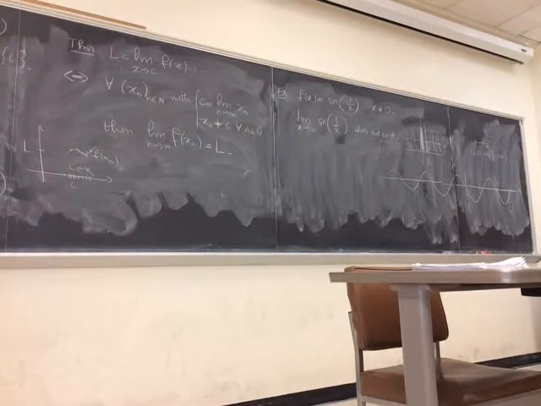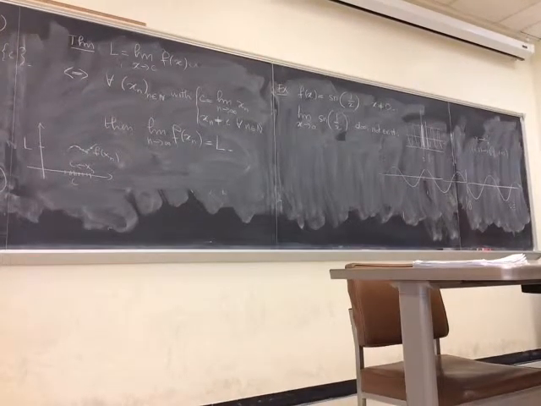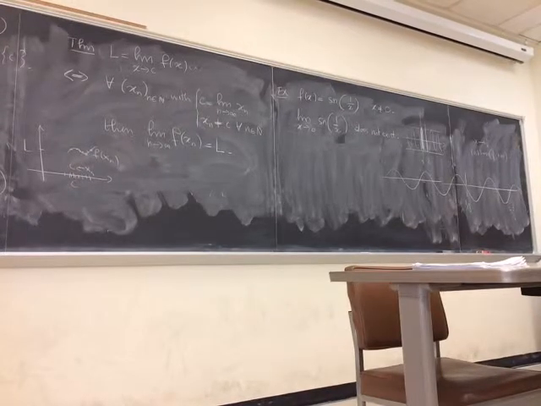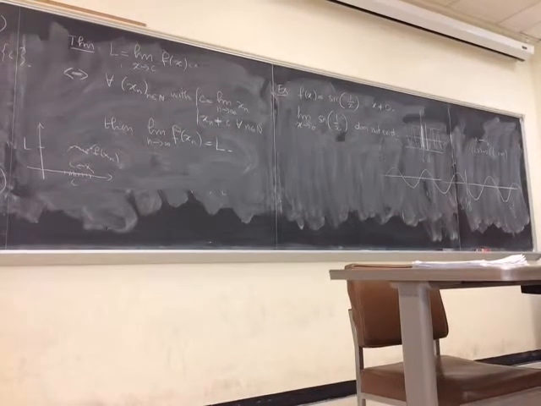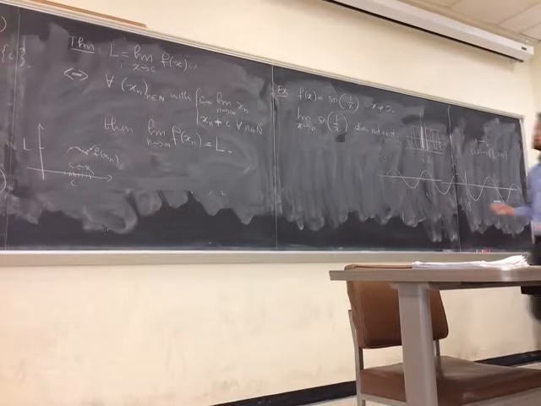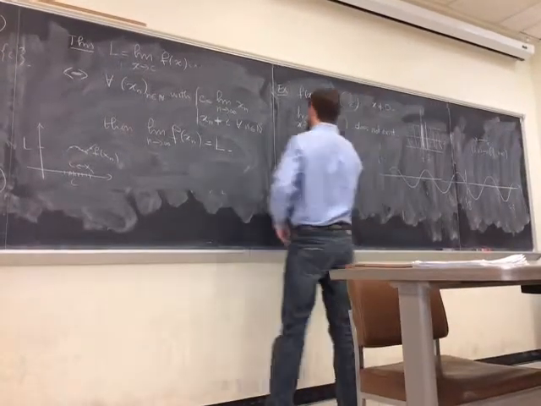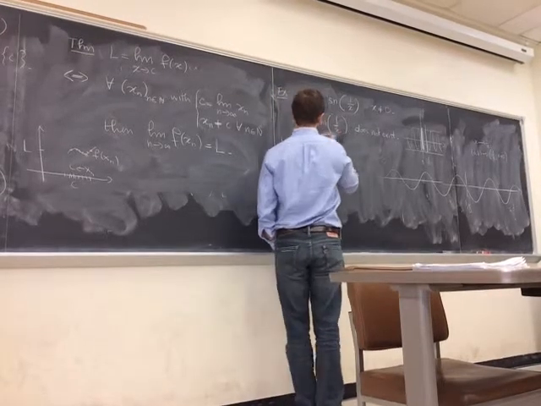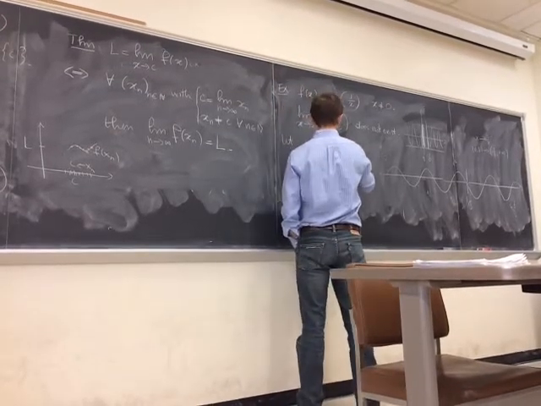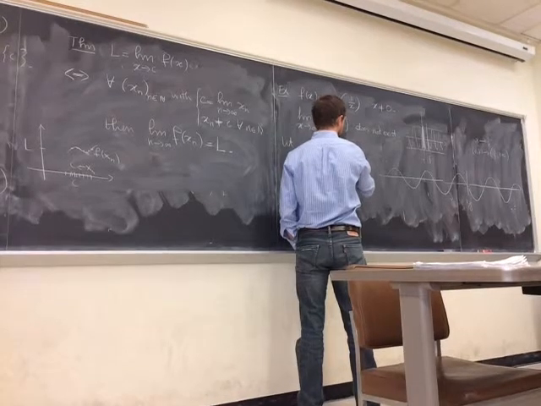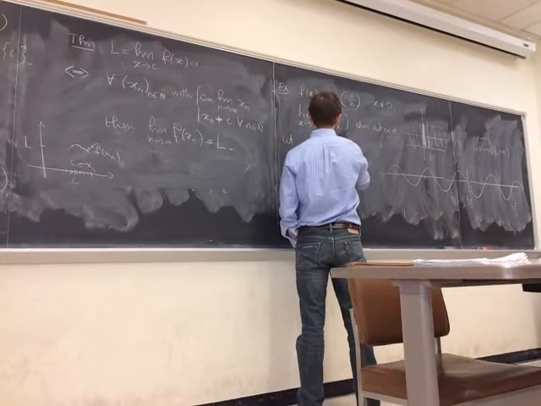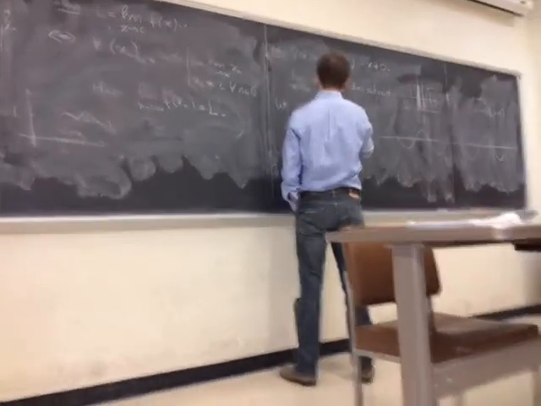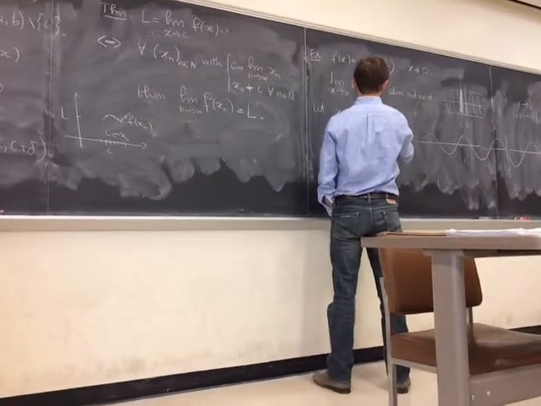Needless to say, since sine of x has no limit at plus infinity, you don't expect this guy to have a limit at 0. Now we're going to prove that. A simple way of doing that is the following. Let x_n be equal to 1 over (pi over 2 plus n pi).